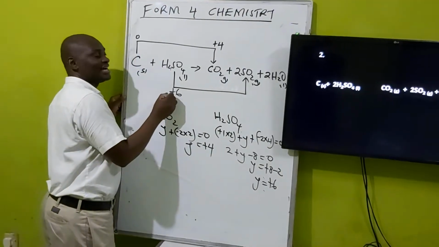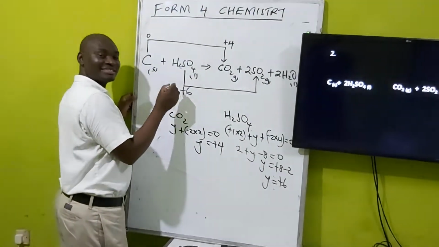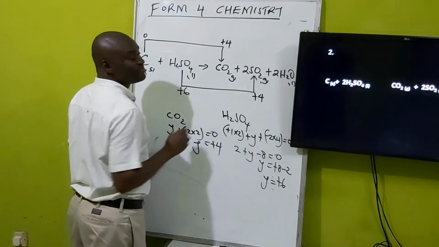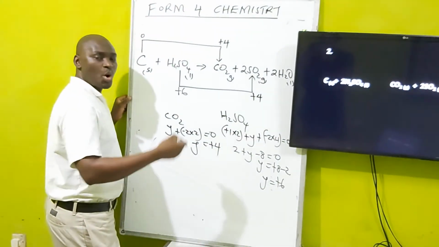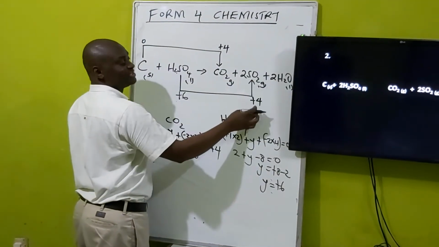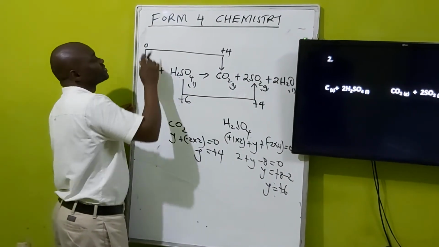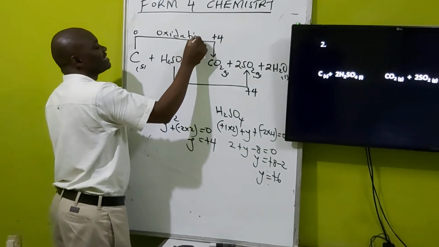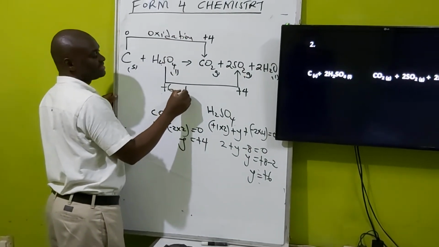Sulfuric 6 acid. That is why that 6 must be there in that name. Sulfur 4 is normally +4. In sulfur 4 oxide, sulfur is +4 if you calculate. So an increase is oxidation, and a decrease in oxidation number is reduction.